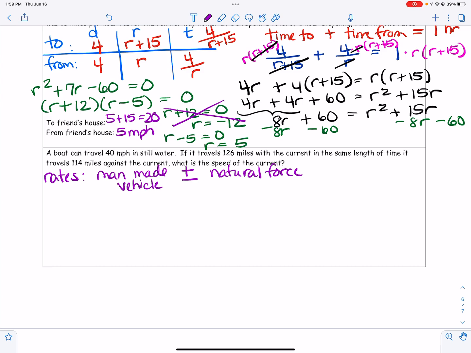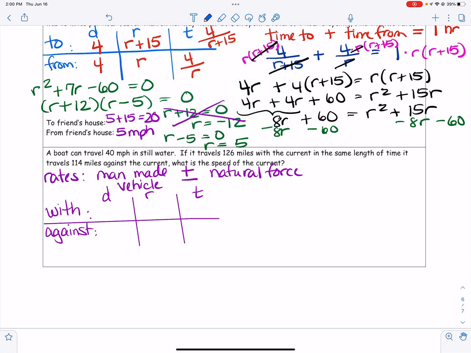So we have the boat traveling with the current in the same length of time that it travels against the current. So we're going to say with the current is going to be my first row, and against is going to be my second row. We have distance, we have our rate, and we have our time.